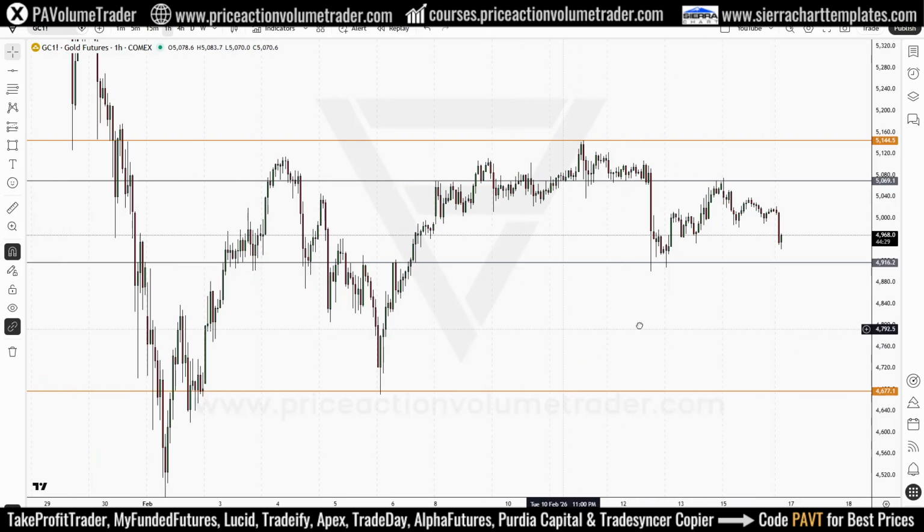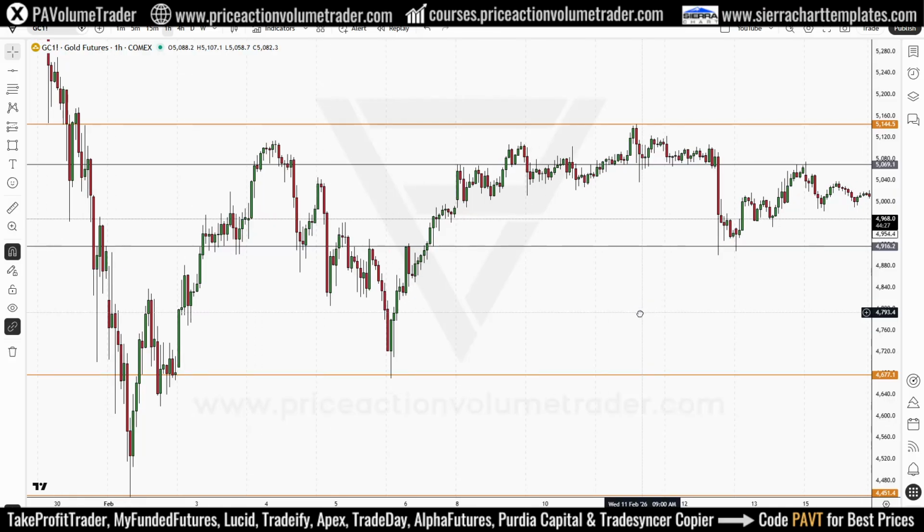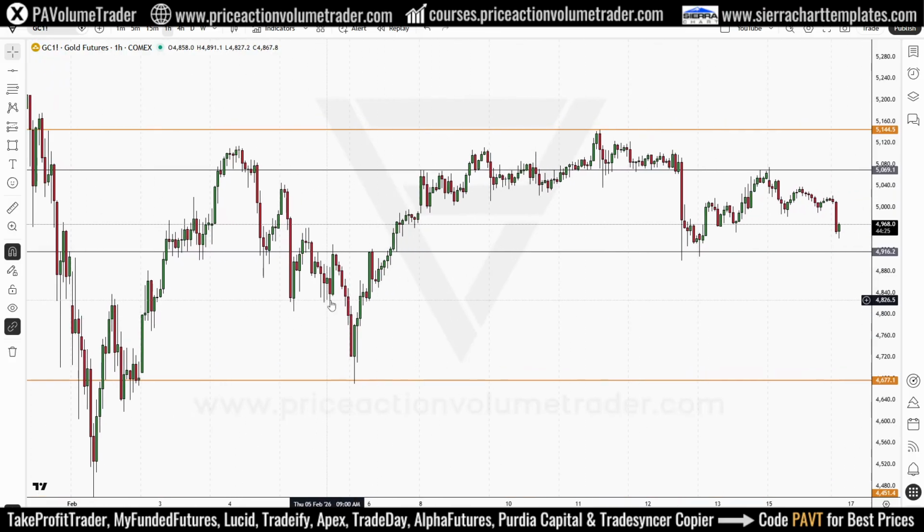Okay, and let's do one last level. This right here, immediately my eyes are drawn to this area where we have support, a breakthrough here into that daily level. We reclaim this level, and then we have 3 hourly candles respecting this area once again.